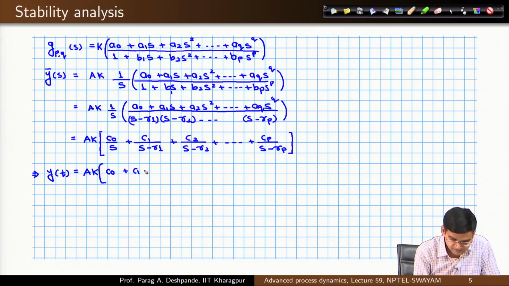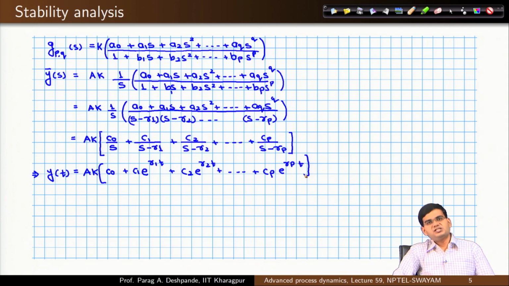Laplace inverse of this is not difficult. Plus C 2 e to the power r 2 t up to C p e to the power r p t. Fine.